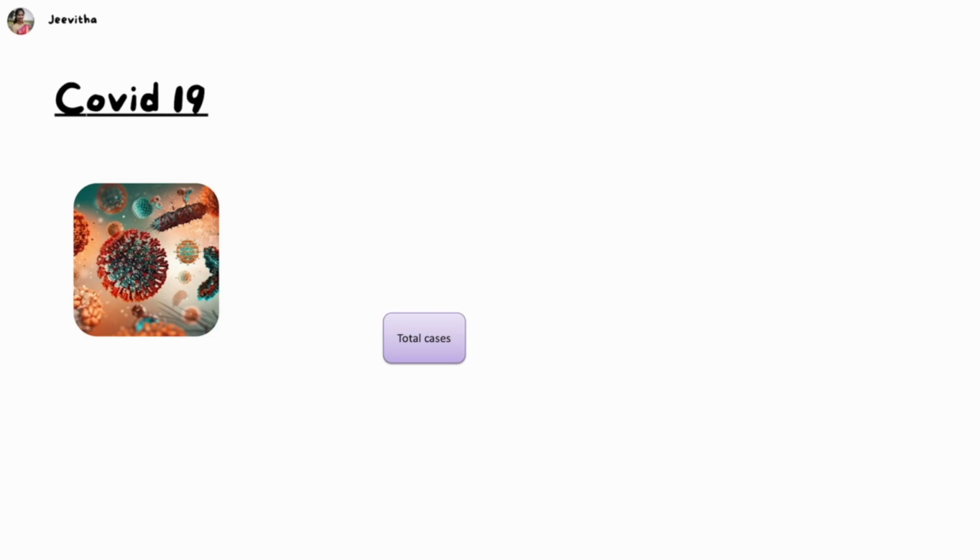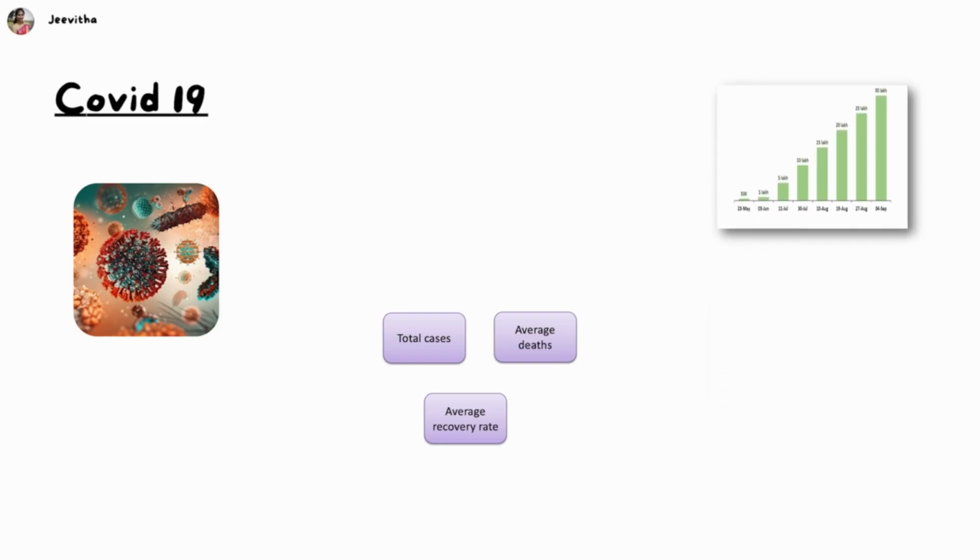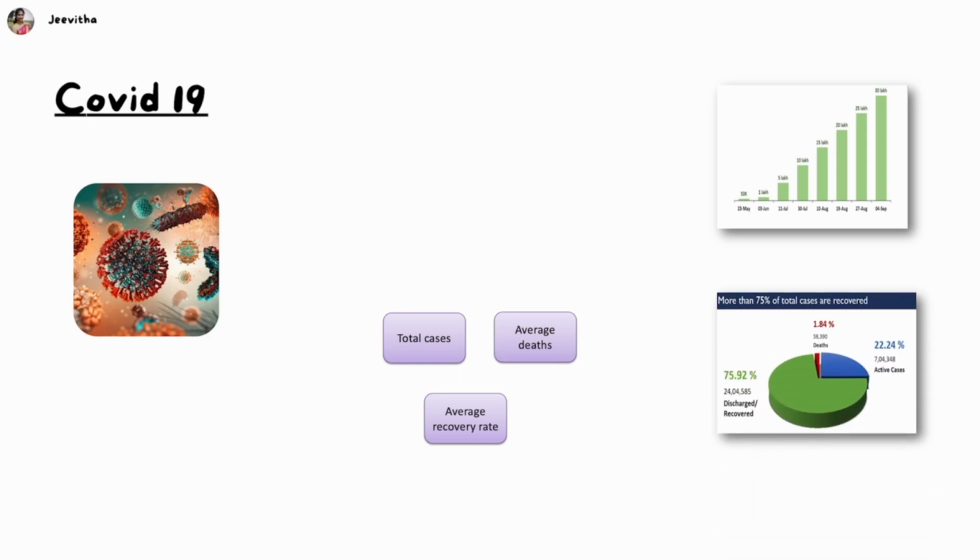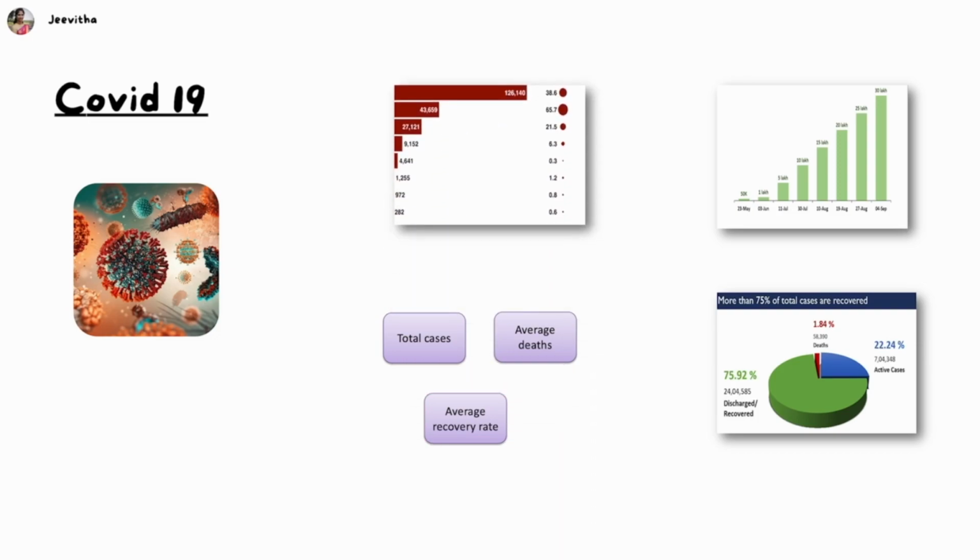We can find the total cases, average death rate, average recovery rate, and also how many death cases state-wise or country-wise, or what percentage of cases have recovered, and also the percentage of death rate. All this analysis you can do with the help of descriptive statistics. Descriptive is always applied on a small amount of data. Whenever data is known, in order to know what happened in the past, we use descriptive statistics.